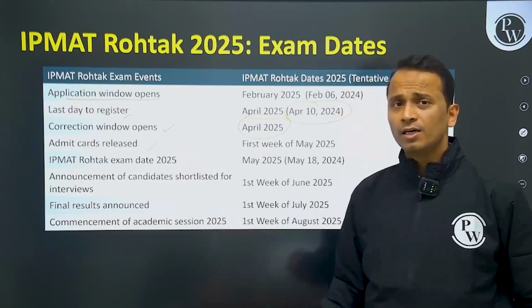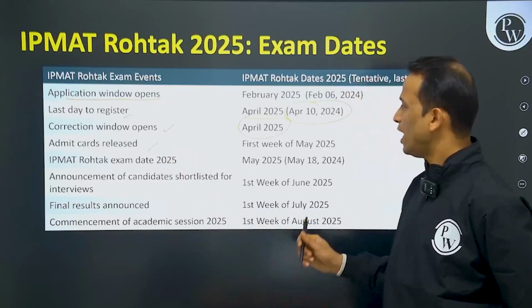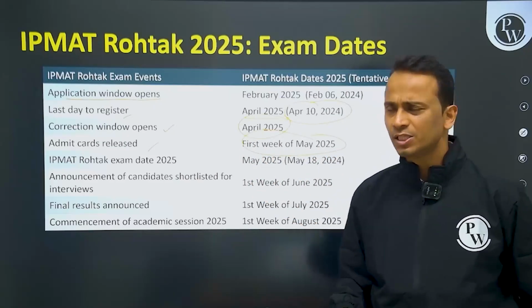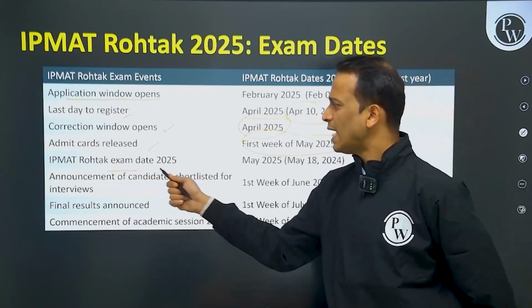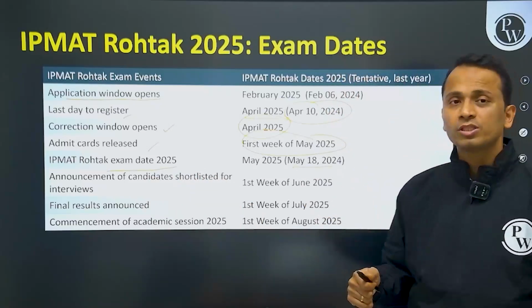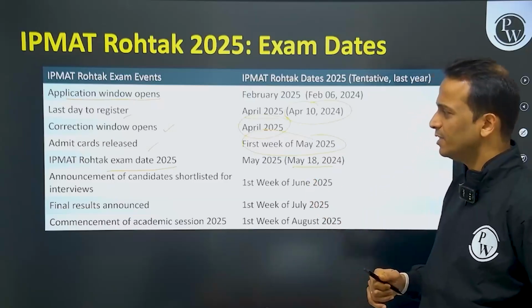Next, the last thing before the examination is the admit cards. Admit cards will be out somewhere in the first week of May, as happened last year. The examination date is not yet out; last year it was 18th May. Let's see what will happen this year.